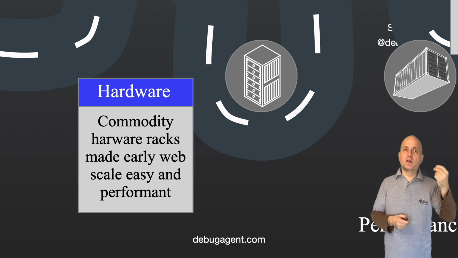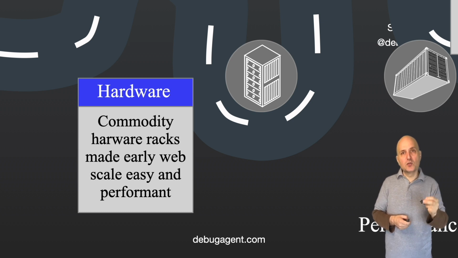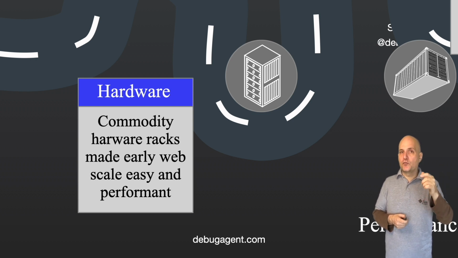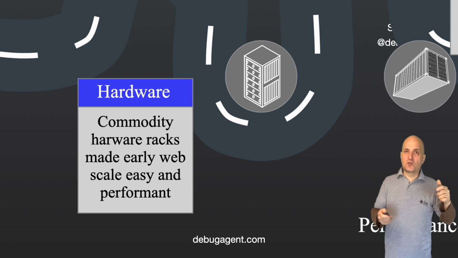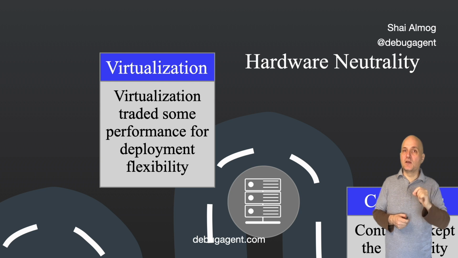This performed as fast as the hardware would allow. It also scaled reasonably well, but that worked for the early web, where the volume of requests wasn't as large as it is today. Virtualization traded performance for portability and easy deployment.